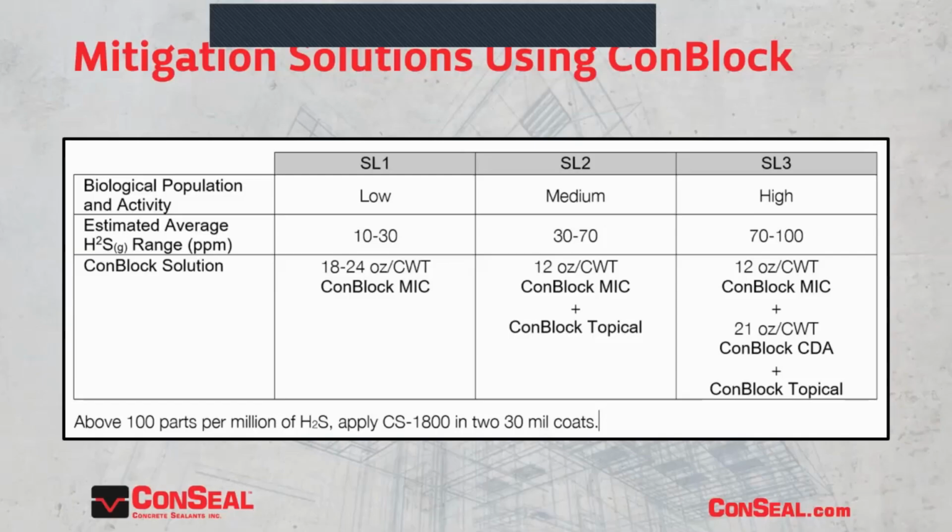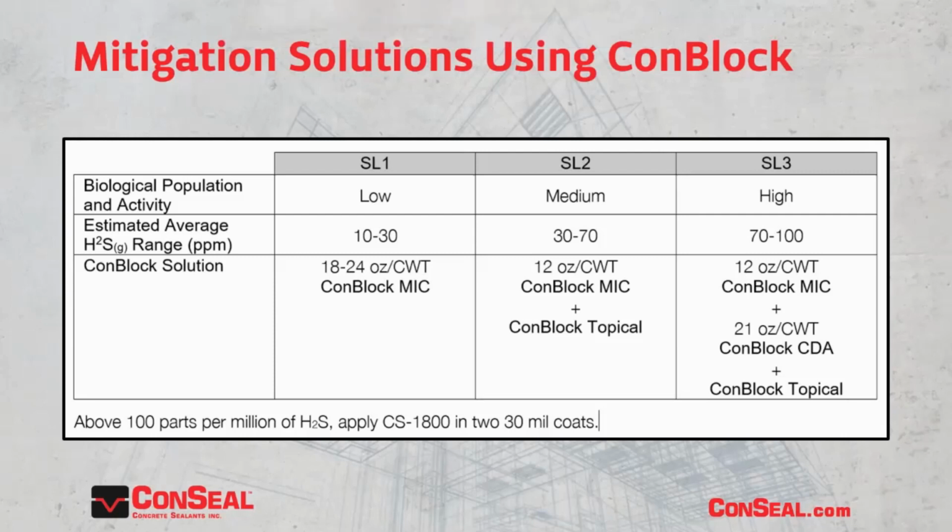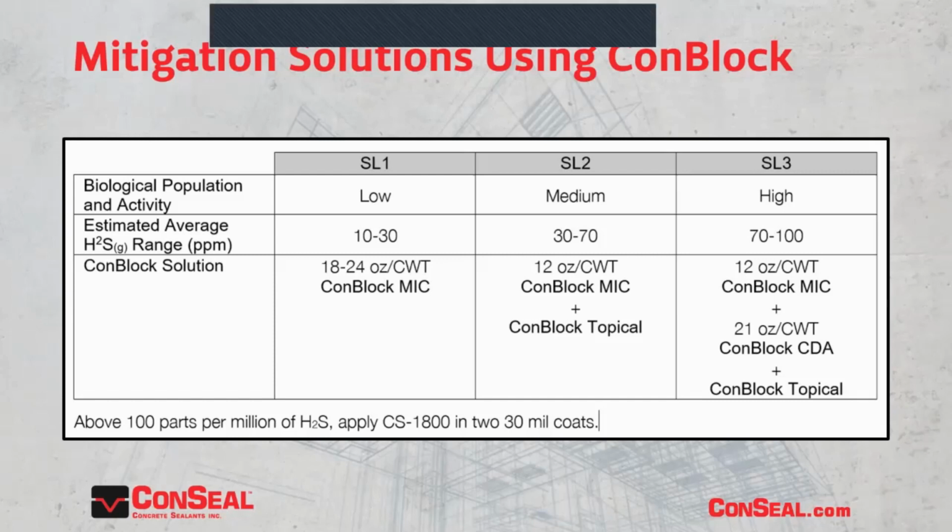Concrete Sealants has come up with a chart based upon our solution products, and we use severity level 1, 2, and 3, and we select which system to use based upon that type of condition. As you can see here, at severity level 1, we consider 10 to 30 parts per million of hydrogen sulfide gas, and at this time we're going to use ConBlock MIC.